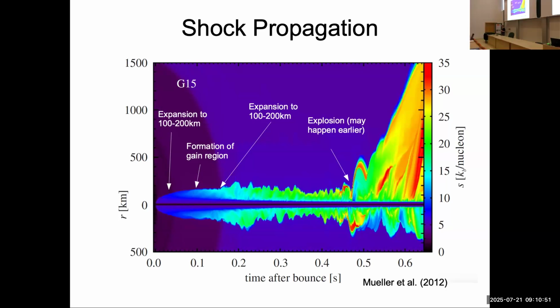You will see also that the infall of material from the outer shells is going to change after a while. What's shown here are slices from a very old paper through the entropy of a simulation. And you see here, the entropy changes at some point. That's a shell interface from the progenitor, and that has implications for the dynamics of the shock.